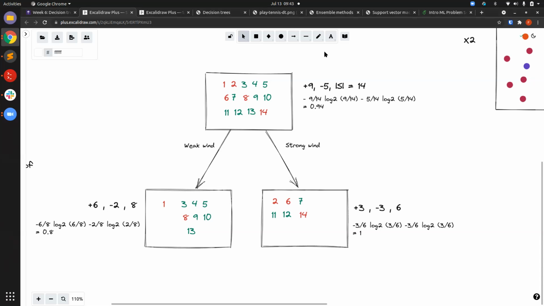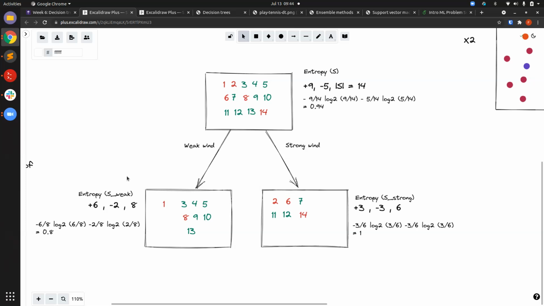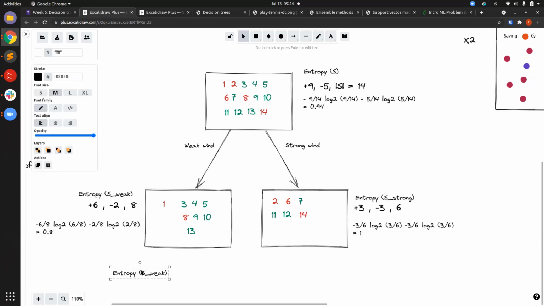At the top here, I have entropy of S. Here I have entropy of S strong. Here I have entropy of S weak. And now I'll compute the following quantities. I can now compute the entropy of S given a split on wind.